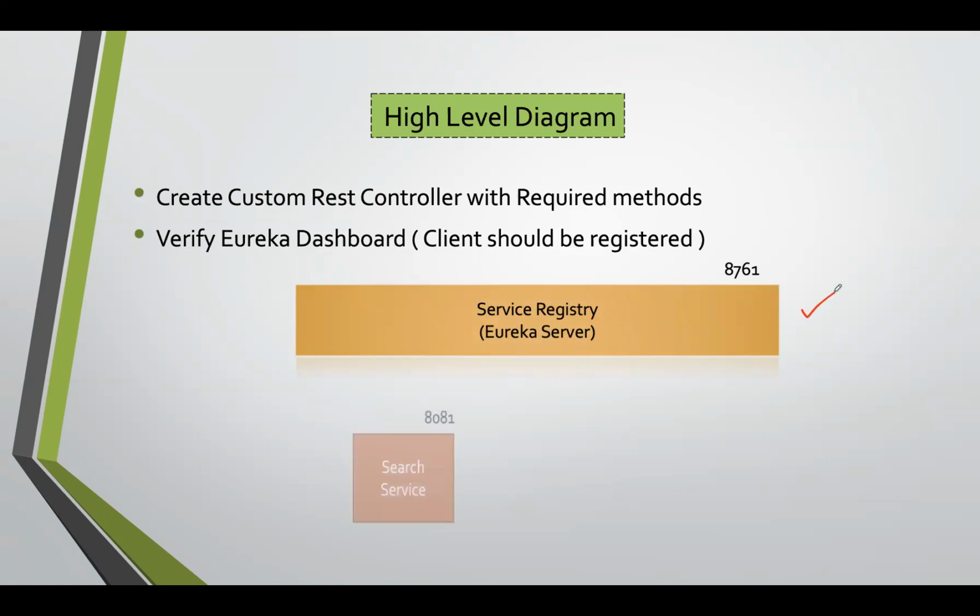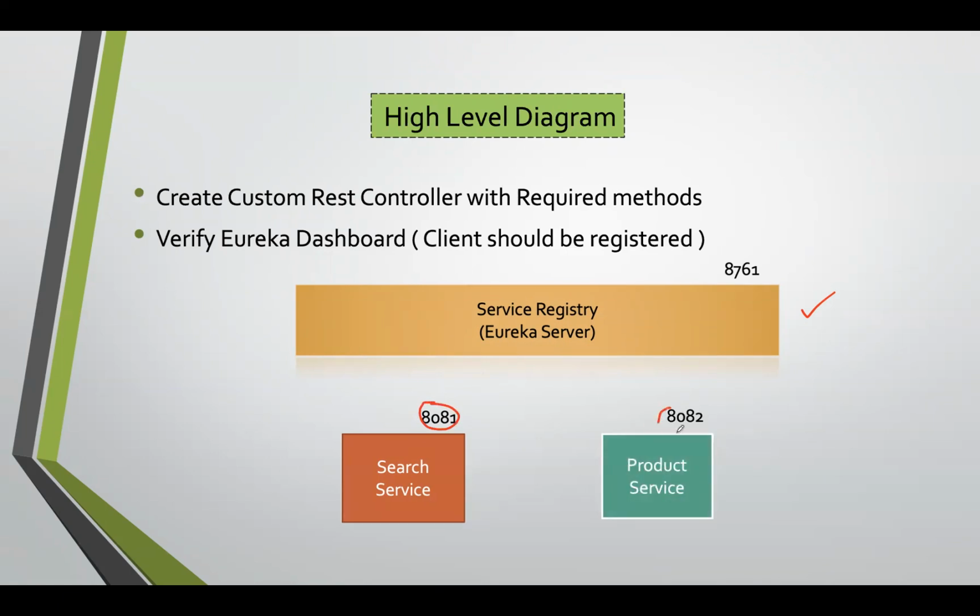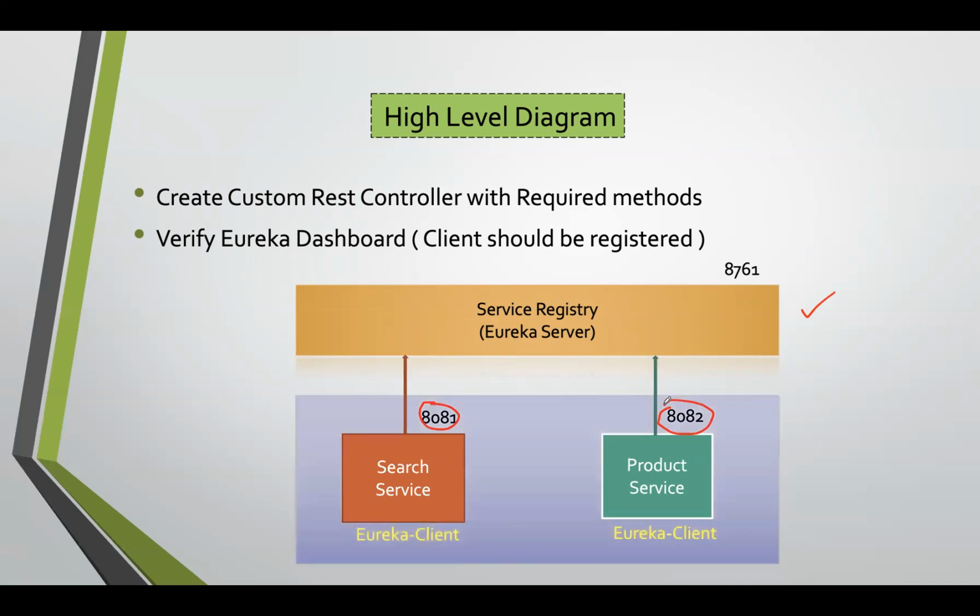In this session we will create a search service running on port 8081, and one more service, a product service, running on port 8082. This search service and product service will be registered to the Eureka server. This is the overall high level diagram.